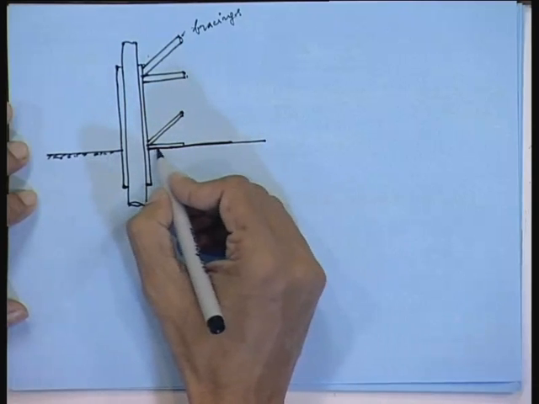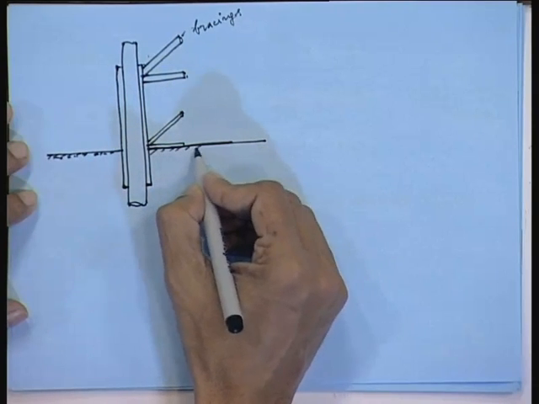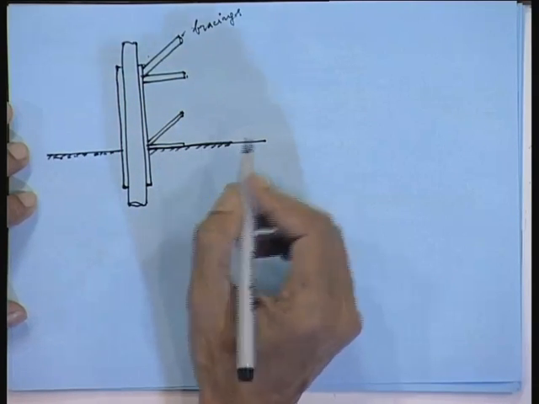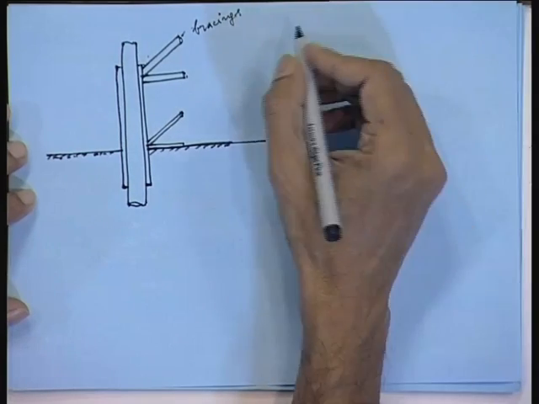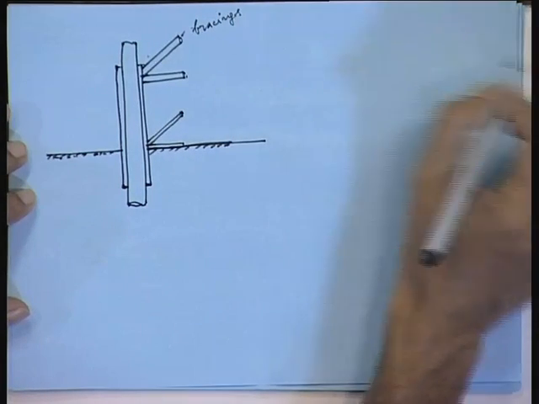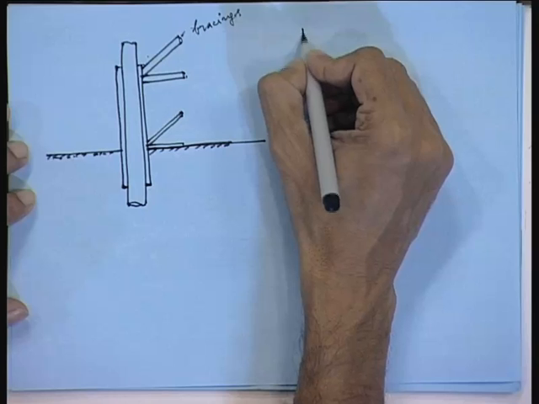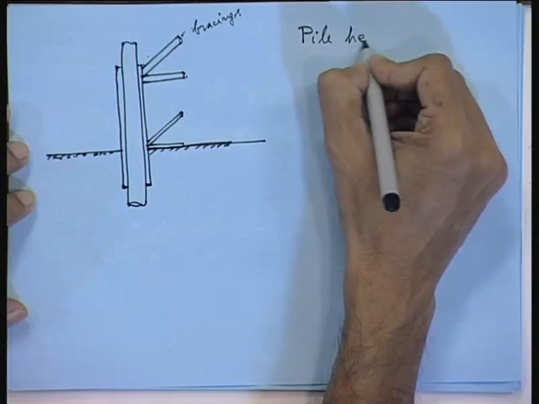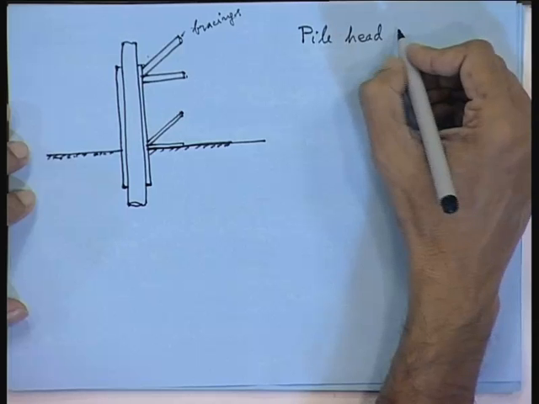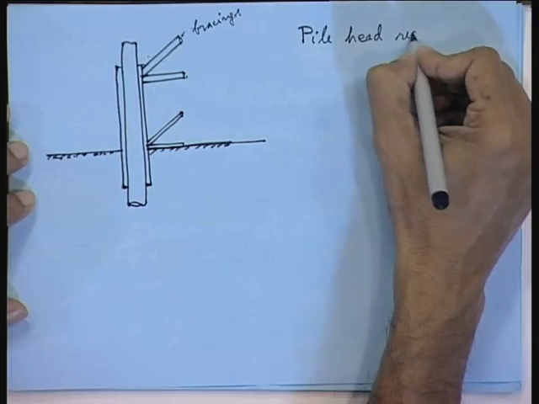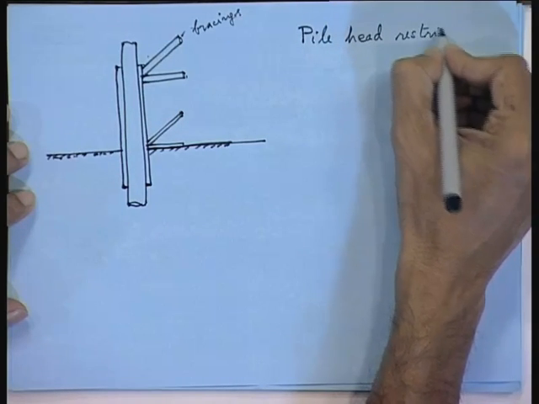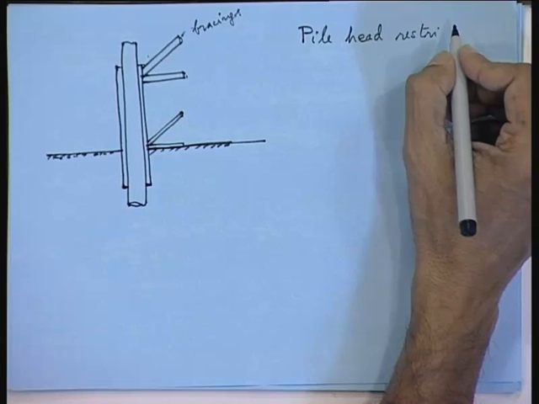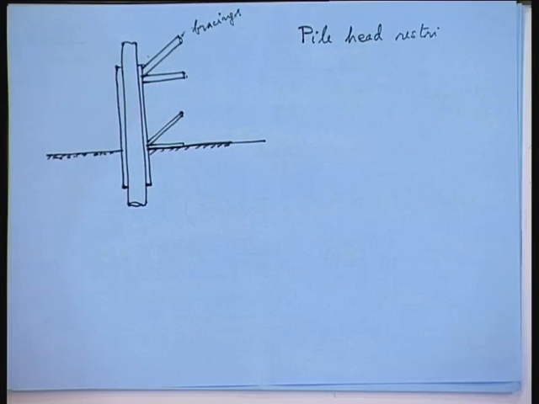Now, the jacket, I told you we are analyzing this as a, what was the type of pile? This is called pile head restricted against rotation, or partially, I have defined earlier, this is partially restrained pile head, the type of pile that we are analyzing.